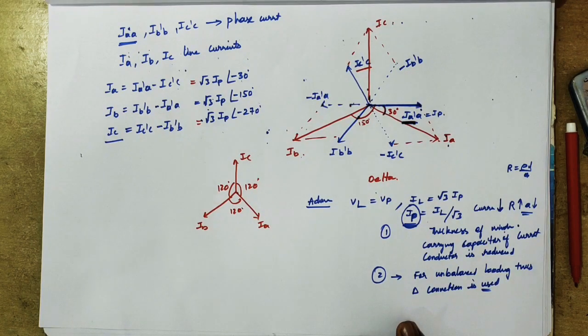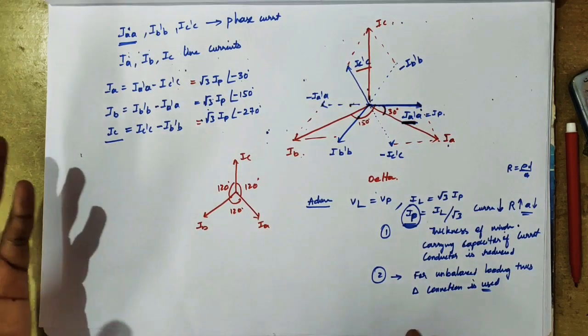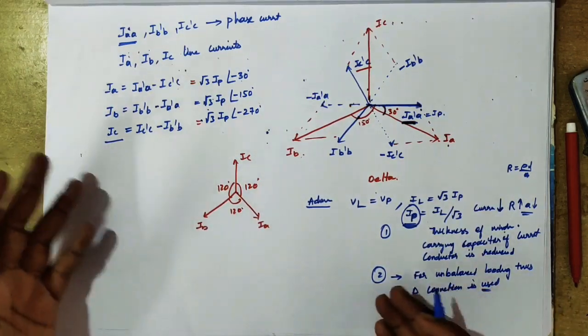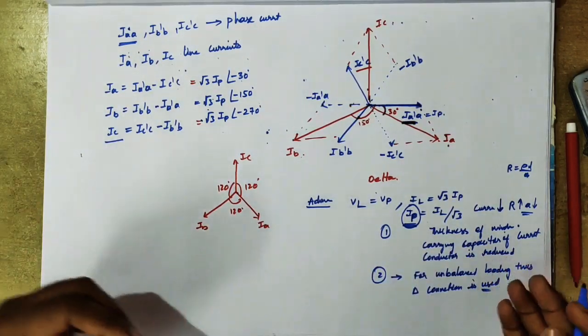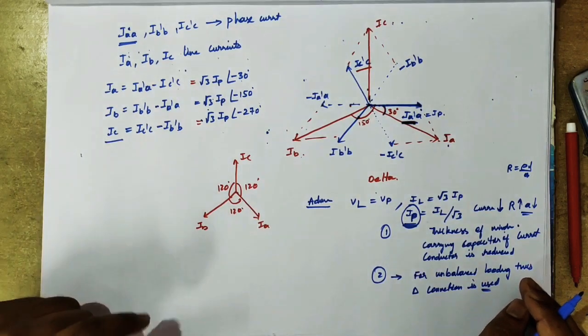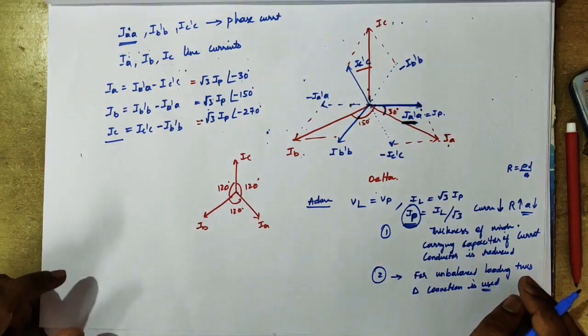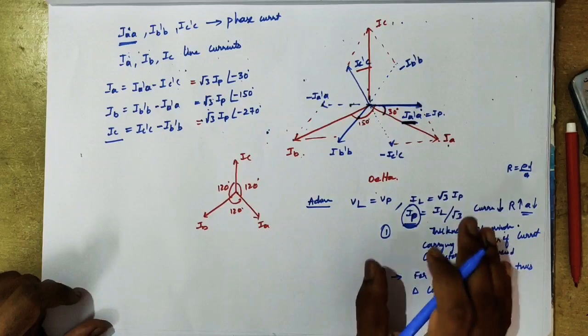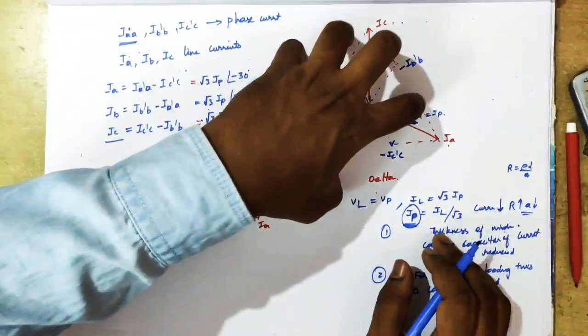Therefore we cannot give a single phase supply to other loads, but for unbalanced loads it is useful. This is about the delta connection and the phasor representations.